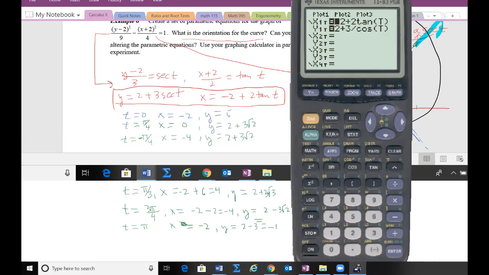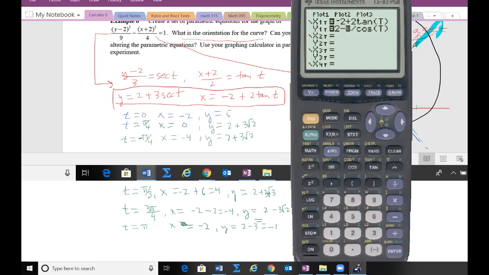So let's do that. Let's change that to, for the y, a negative here. Oops, that's a minus. I want a minus. Okay, and let's see what that does. Let's see if that's enough to change it.